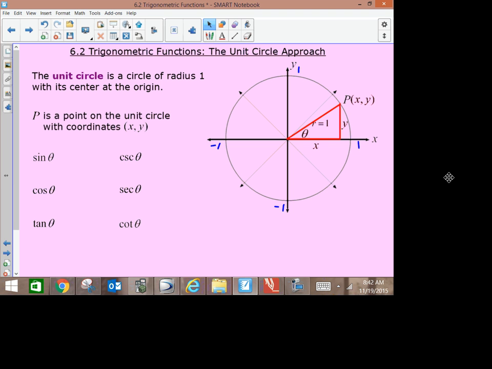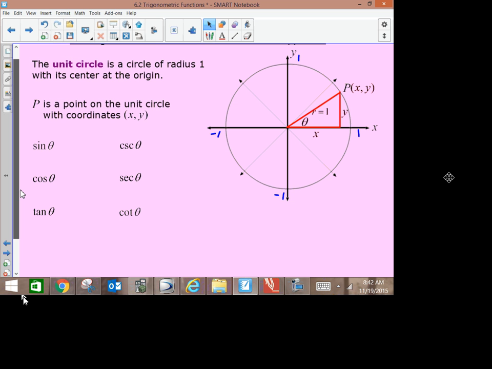The point P is at (x, y). The radius, of course, is always going to be 1. We're calling theta this little angle here. We talked about that last time. Theta is just another letter for angle, but it's a pretty common one, so we'll stick with that.